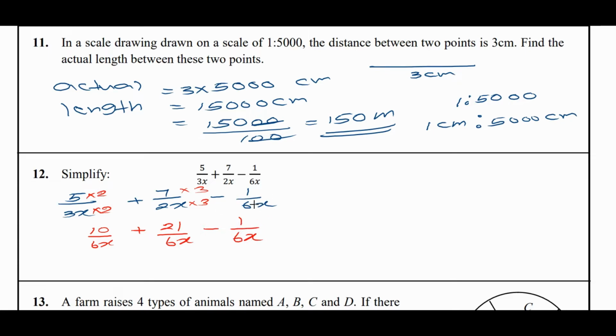This one has nothing to do. Then 6x, 6x, 6x, denominators are equal, then over 6x, 10 plus 21 is 31, 31 minus 1 is 30. After getting this stage, we can simplify this more. 6 and 30, then 5 over x, because we have to simplify. Simplify means take all the necessary action.